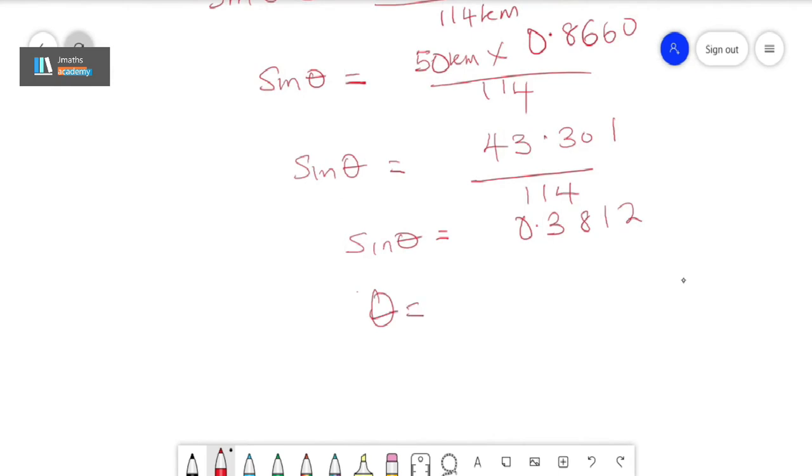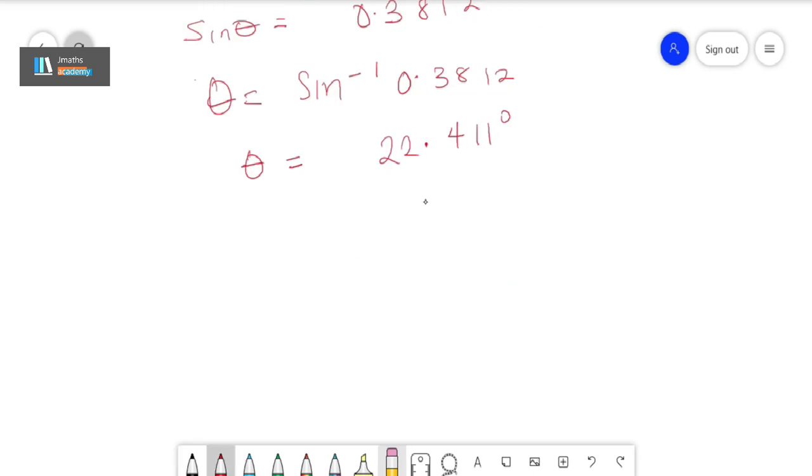So we have theta to be equal to the sine inverse of 0.3812. So we have our theta to be equal to 22.411 degrees. So now we've just gotten our theta to be 22.411 degrees.